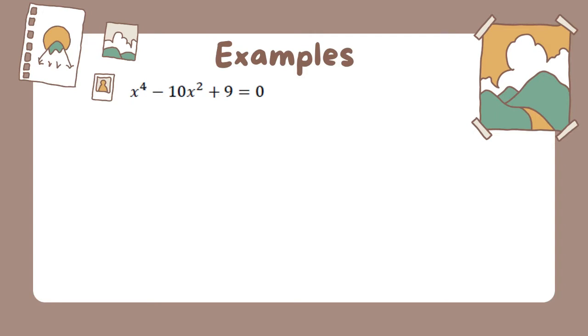We have this first equation, x to the fourth minus 10x squared plus 9 is equal to 0. What will be the value of u if we're going to write this equation in quadratic form? Au squared plus bu plus c is equal to 0.